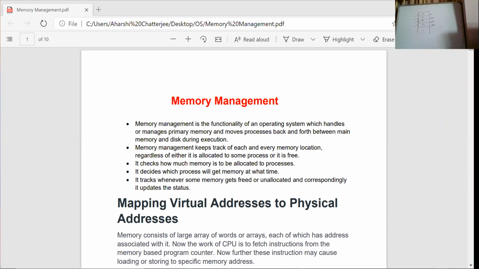Whatever it may be, whether the memory location contains some data or not, all the memory locations will be tracked by the operating system.